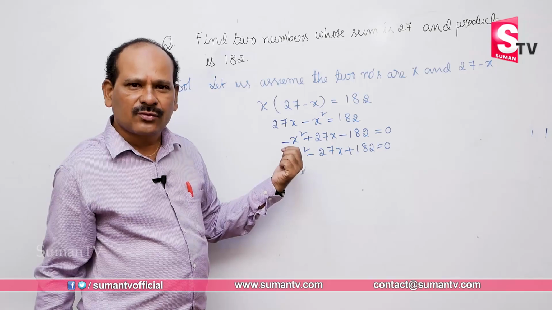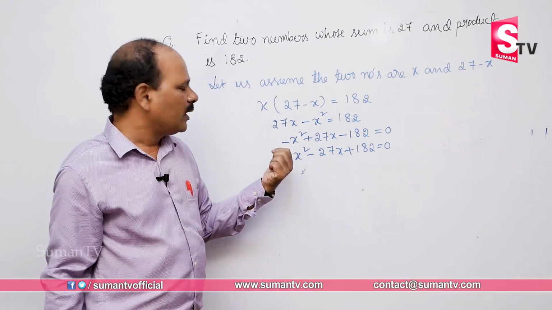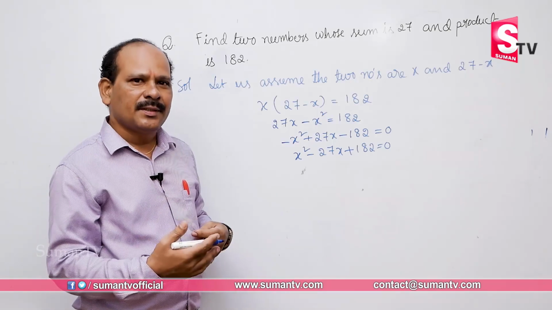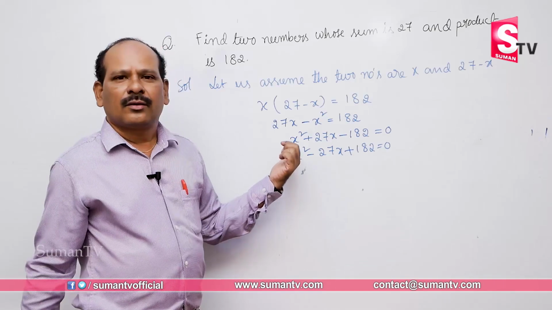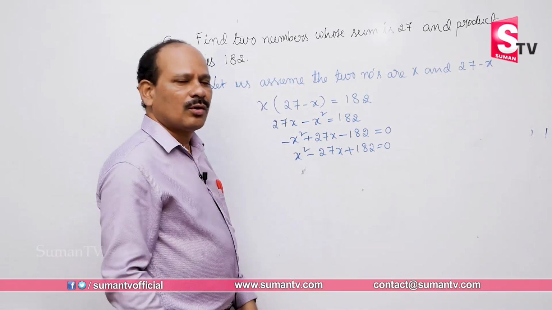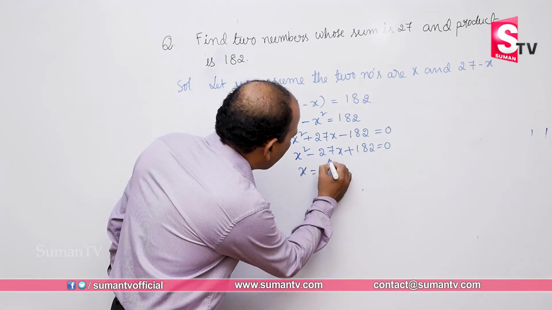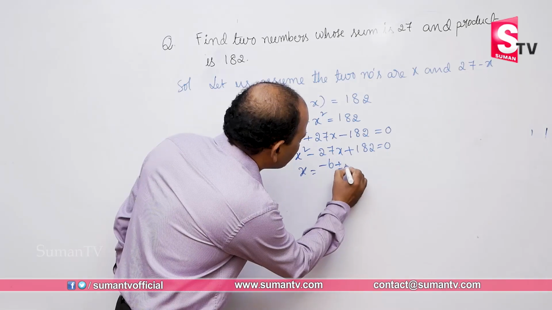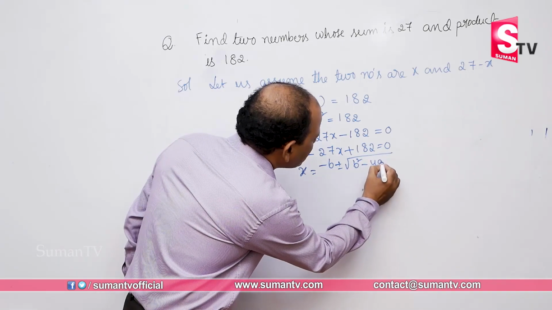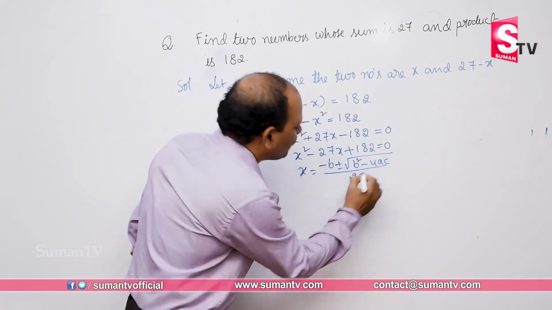Now let us solve this quadratic equation by using the quadratic formula. In the previous class, we learned how to solve a quadratic equation by the factorization method and the quadratic formula. Now let us use the formula. What is that formula? x is equal to minus b plus or minus root of b square minus 4ac, by 2a.